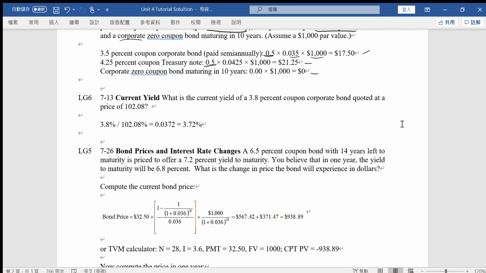For this one, it's so simple, and you just make use of this coupon rate over the price, and you can work out the concerning current yield, and that will be 3.72%. Using the coupon bond rate over the bond price, you will find out the figure.